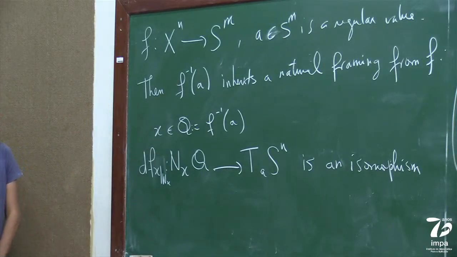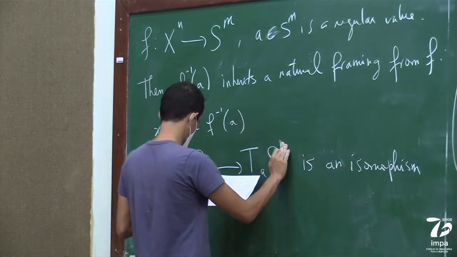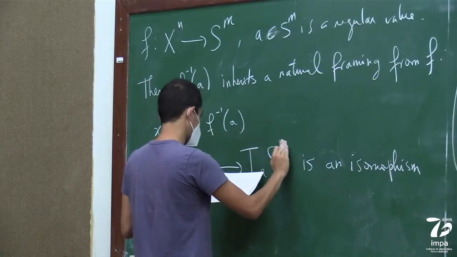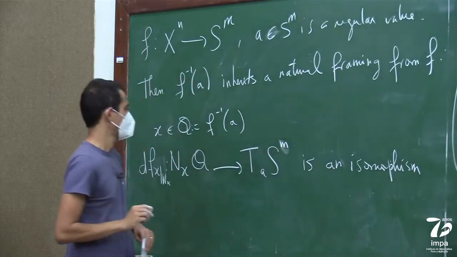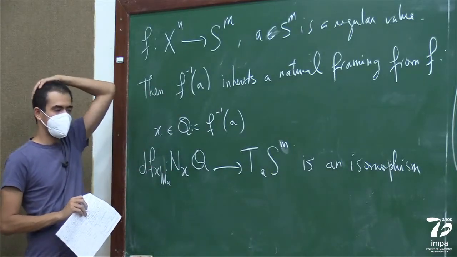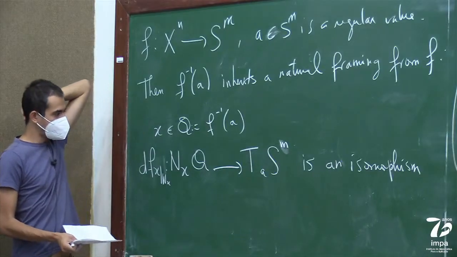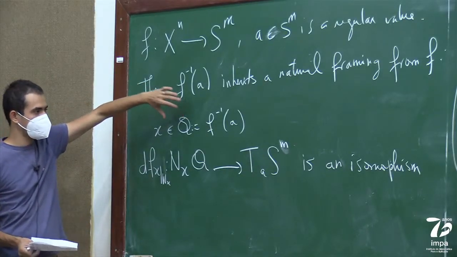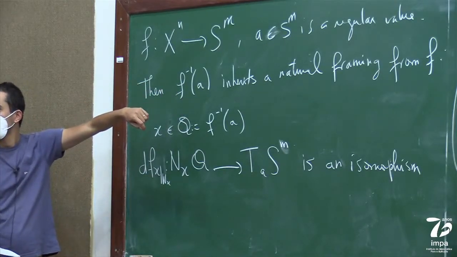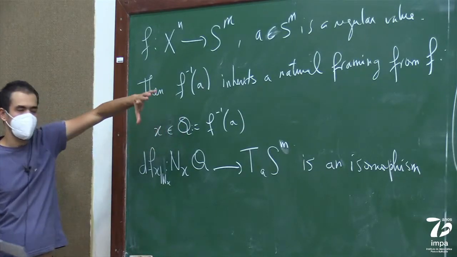So there are a few different ways to see this, but you know that the tangent space of Q has to be taken to 0, and df has to be surjective.